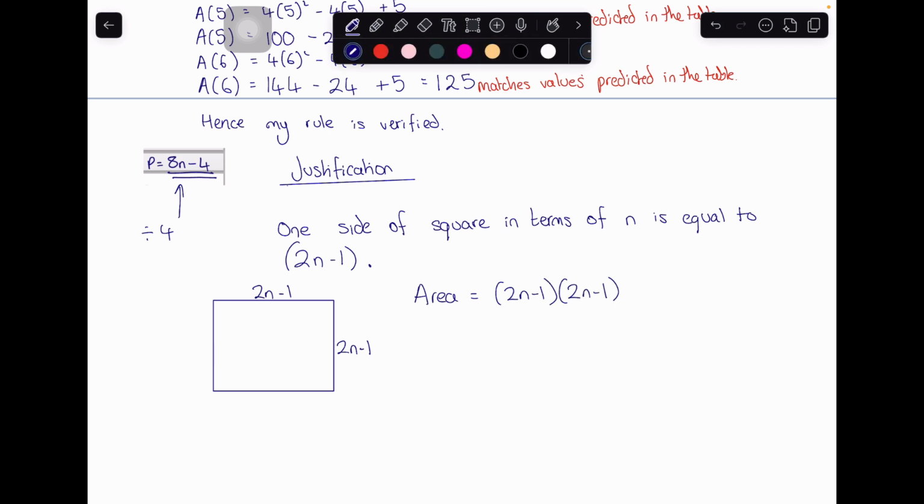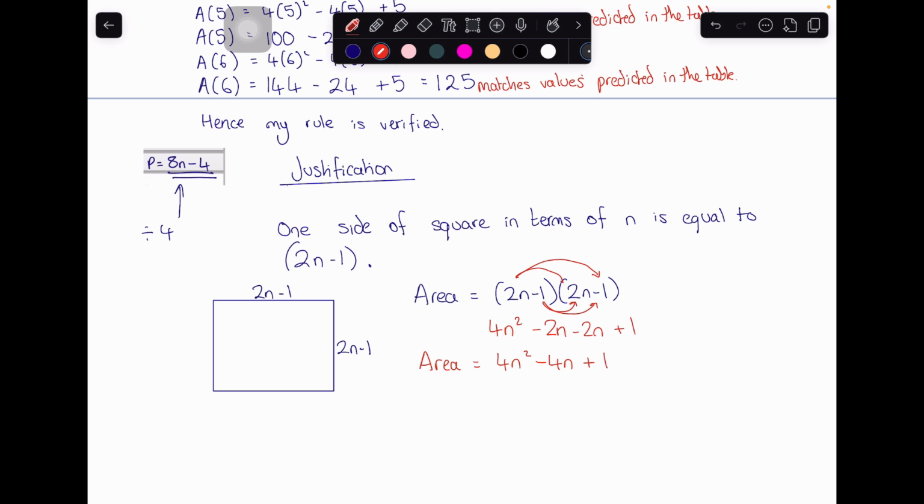Okay, if I multiply this out, so I get 4n squared minus 2n, and then minus 2n plus 1. Okay, that simplifies to 4n squared minus 4n plus 1.